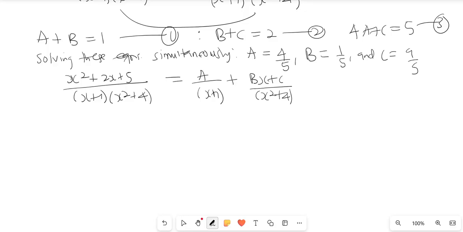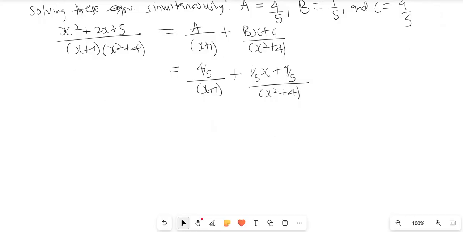We know the value of a to be 4 over 5, the value of b to be 1 over 5, and the value of c to be 9 over 5. You can just plug that in. So that should be a, which is 4 over 5, over x plus 1, plus b, 1 over 5 x, plus c, 9 over 5, all divided by x squared plus 4.